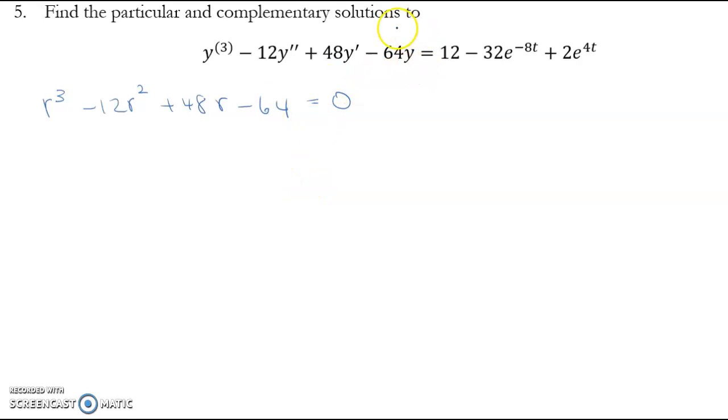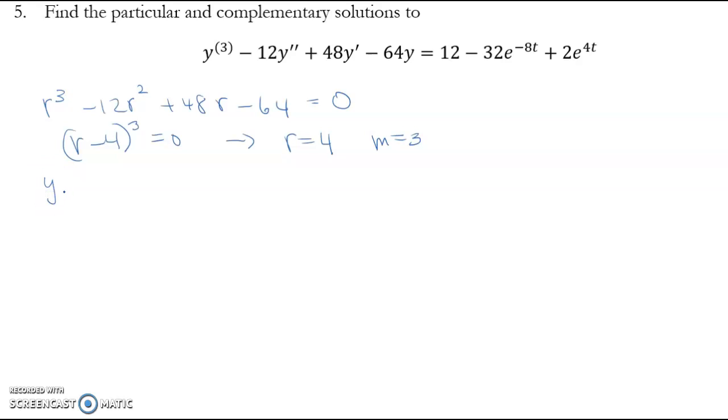So we kind of deal with the left-hand side and the right-hand side separately. From this equation, this can be factored out as R minus 4 cubed equals to 0. So this means that R equals to 4, and this has the multiplicity of 3.